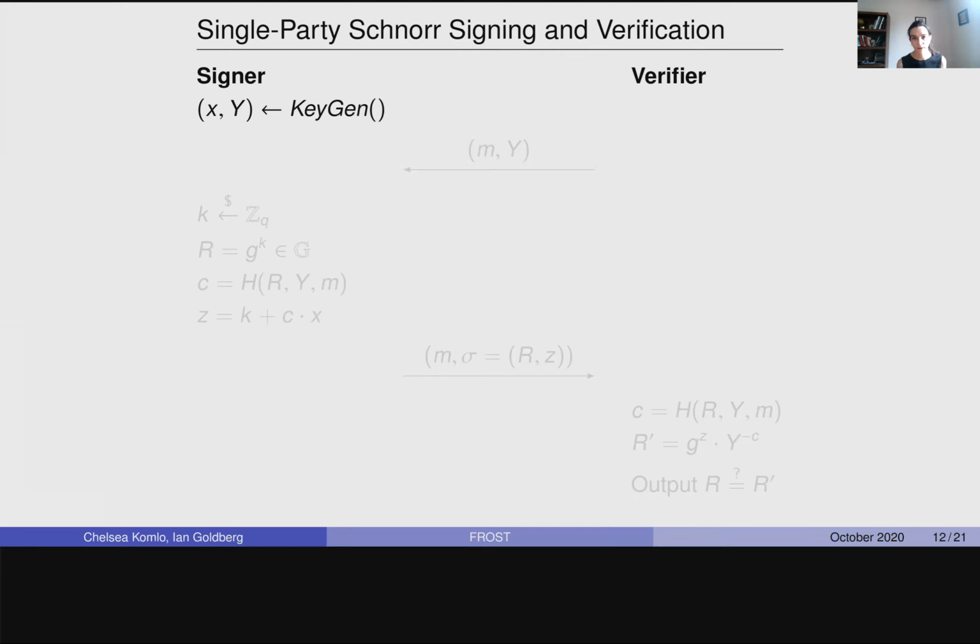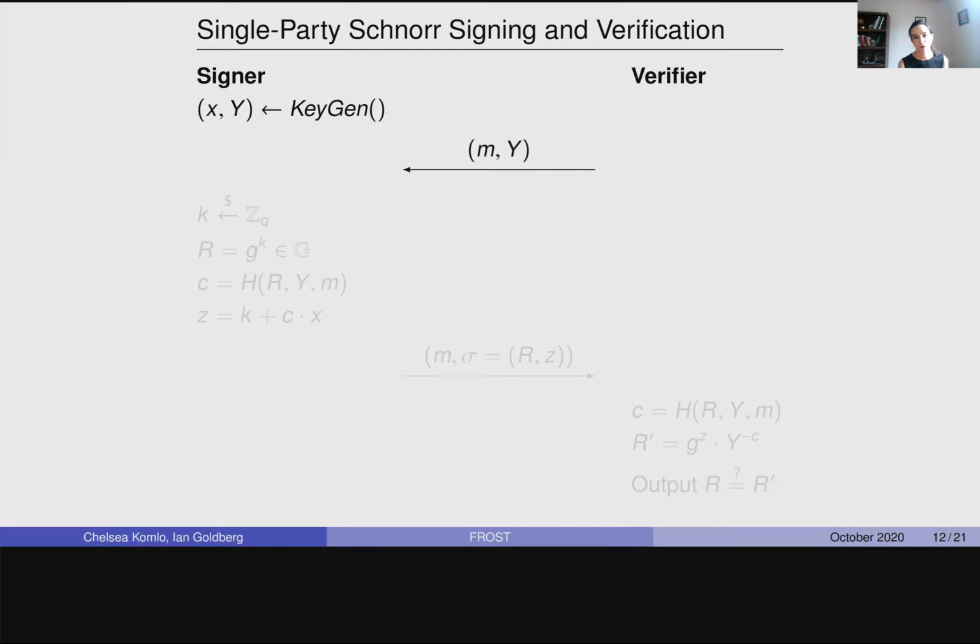So I'm going to quickly review single-party Schnorr signing and verification, just so we have in our head how Schnorr signing with only 1 participant works, and then we can look at how we actually do this in a threshold setting. So for single-party Schnorr, the signer will start by performing keygen, where they generate some public-private key pair.